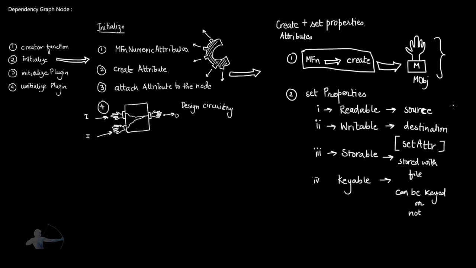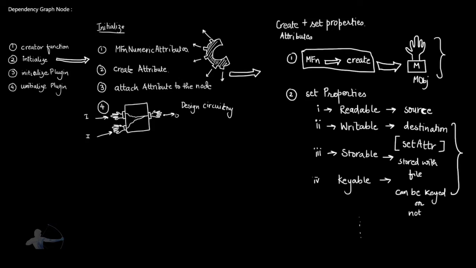So for the output variable, we are not going to set these properties. There are certain more properties which we are not going to discuss at this point, because for creating this node we only require these properties. So our input node can be readable, writable, storable, keyable, and our output node would be just readable.